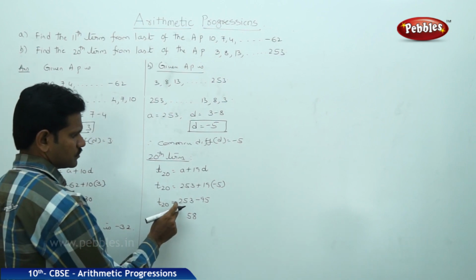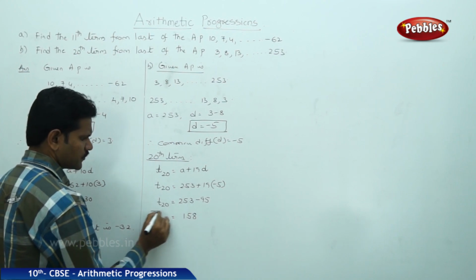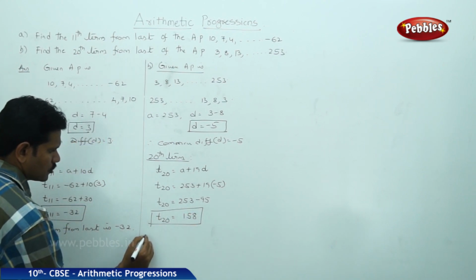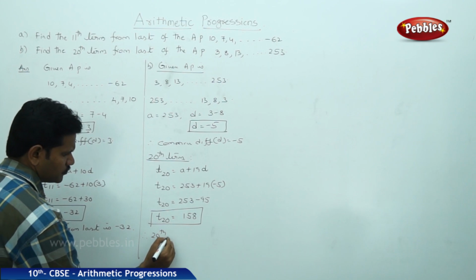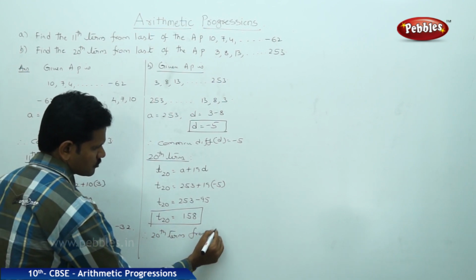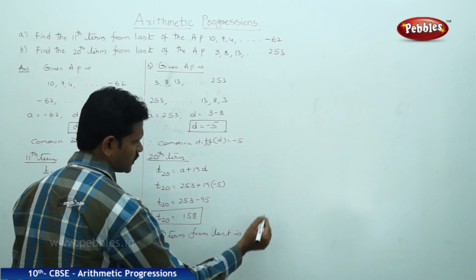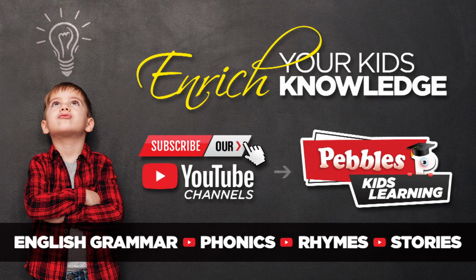Here 2, 1 borrowed, that is 1. Therefore, 20th term from last is 158.